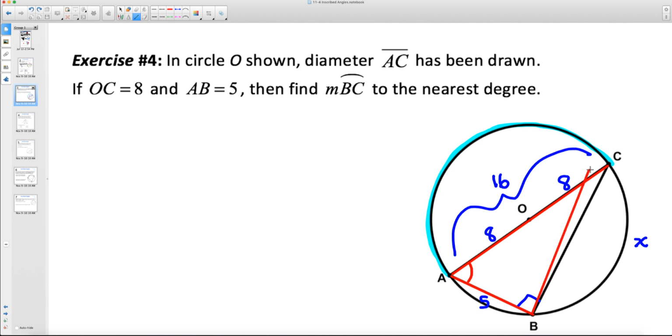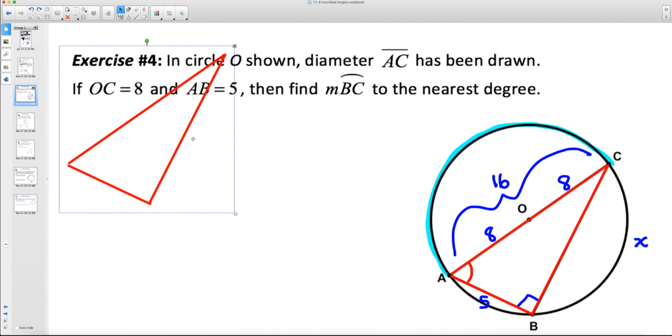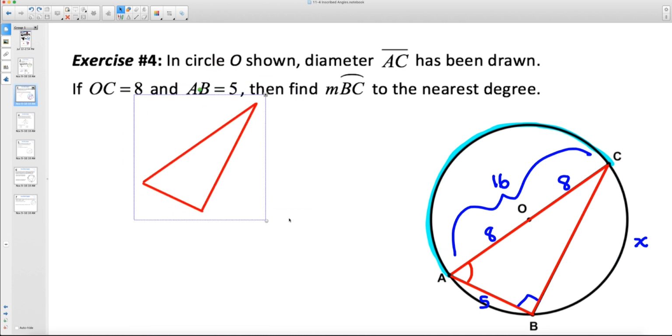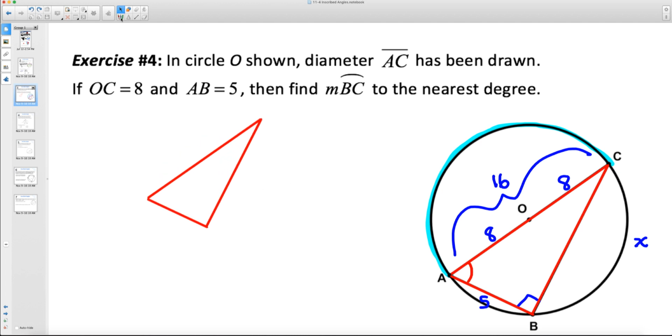We have a right triangle and we have two sides, and we want to find an angle. Think about last unit, how we can go about doing that. If we have two sides and we want to find an angle in a right triangle, we can use right triangle trig, SOHCAHTOA. We're trying to solve for this angle here.